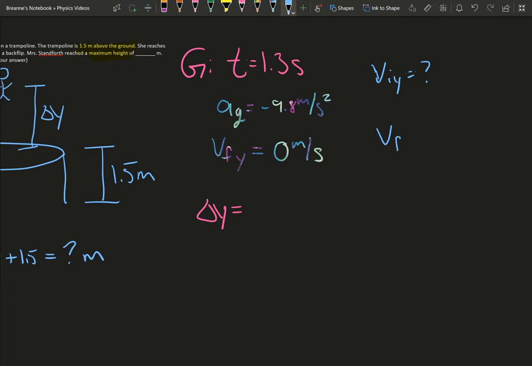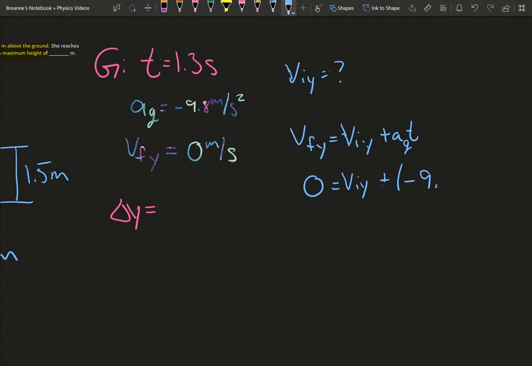So we're going to use final velocity equals initial velocity plus a t. Final velocity is 0. We are looking for initial velocity, plus our a, g, is negative 9.8, and our time is 1.3. Let's simplify first.